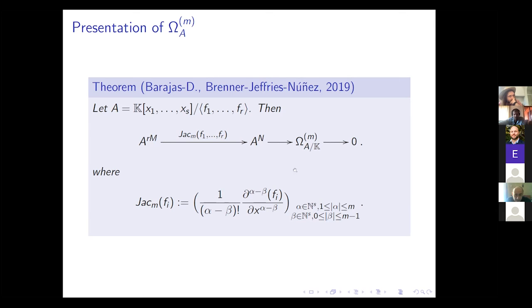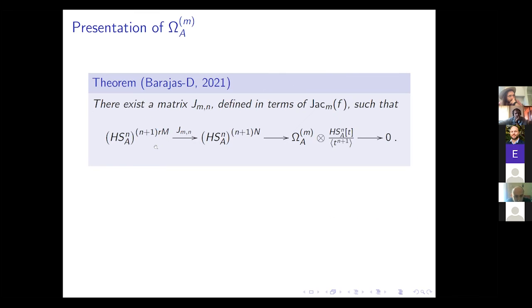Taking this as our starting point, we tensor with these jets, and then this sequence becomes this one. Here you have to do some commutative algebra, chase some diagrams, play with all the module structures appearing in this context, and then you can describe explicitly a matrix here.